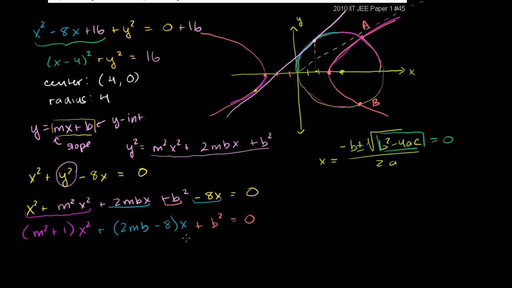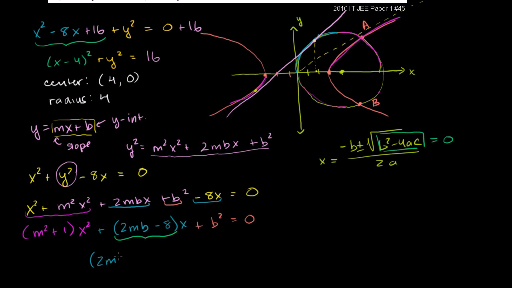So what's b squared minus 4ac over here? Well, this is our b when we think in terms of the quadratic formula. And remember, don't get that b confused with the b of the y-intercept. I'm just thinking of the quadratic formula here. So let's take this squared. I'm just going to rewrite this expression and set it equal to 0, because we know there's only one solution.